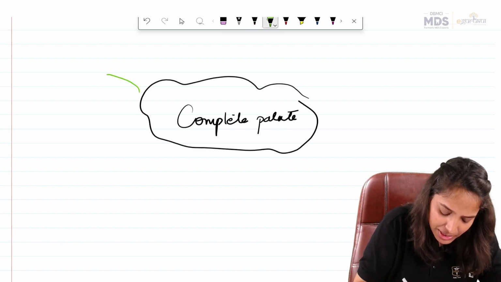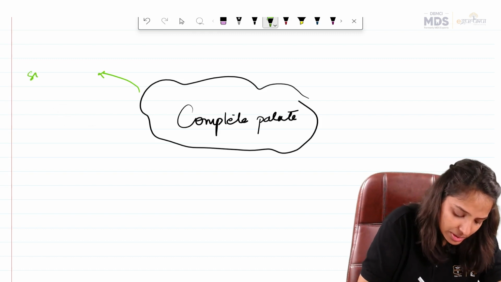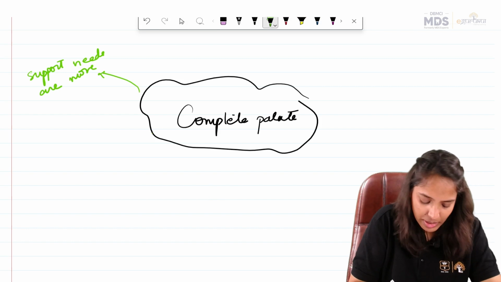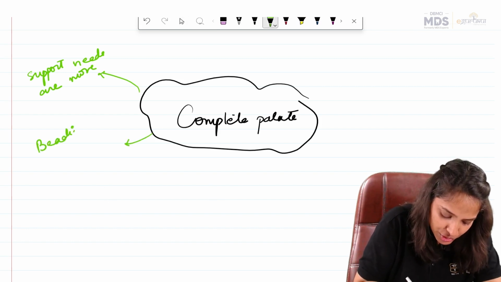Complete palate is required in all cases where support requirements are more. In your complete palate, beading is done at the posterior border.